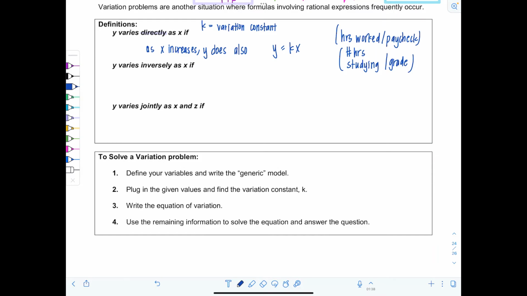Okay. Now, we say y varies inversely as x if as x increases, then y decreases, or vice versa. So basically, when one goes up, the other goes down.